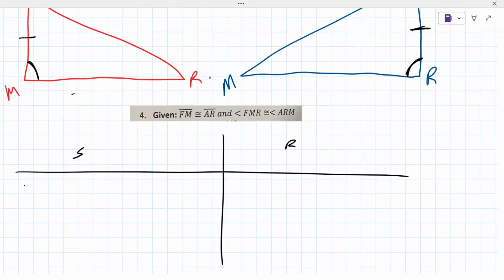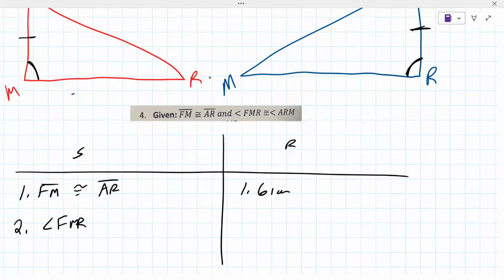So statement, reason. I have FM congruent to AR. When they just give you an angle or a side, there's no definition.